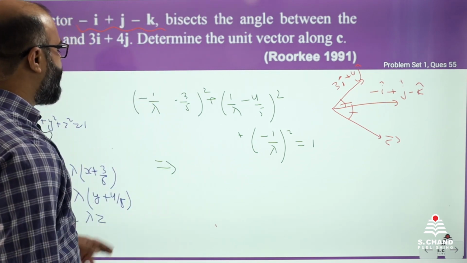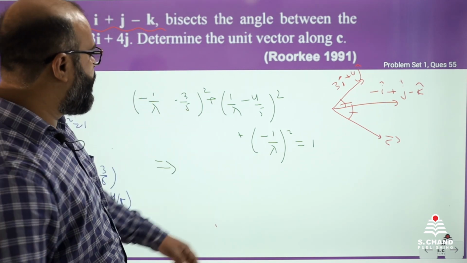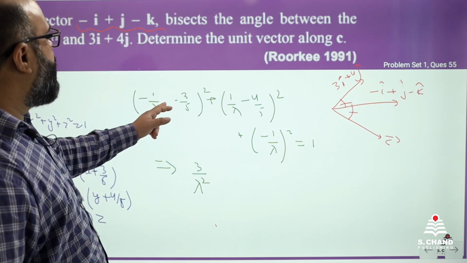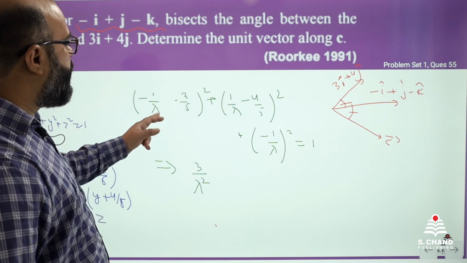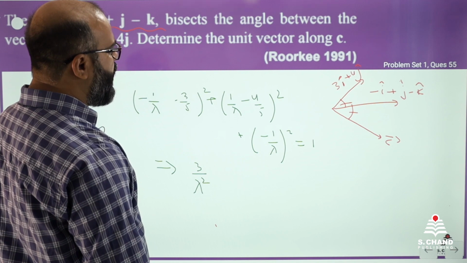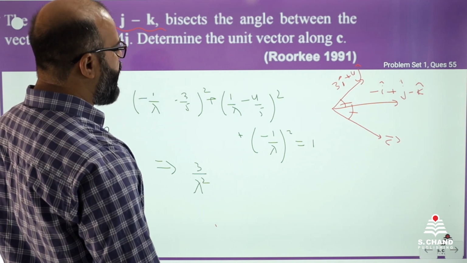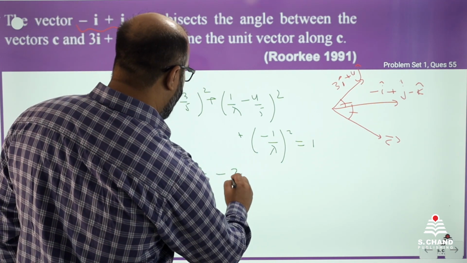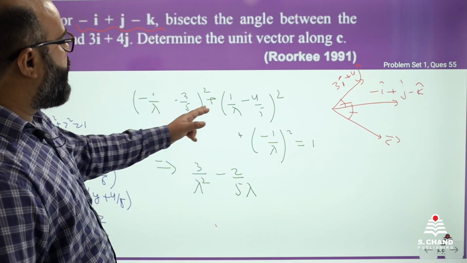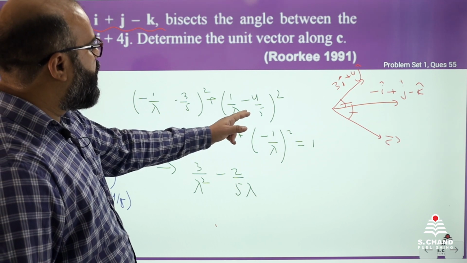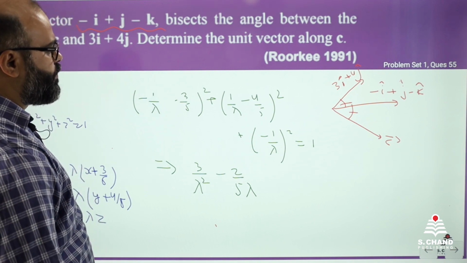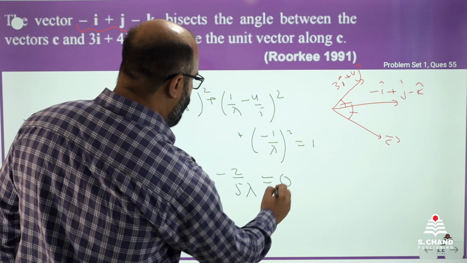When we expand them, we get 1 by lambda square, 1 by lambda square, 1 by lambda square, that will be 3 by lambda square. Then we have here 6 by 5 lambda from here. From here we will get minus 8 by 5 lambda, so that will be minus 2 by 5 lambda, right? And then we have the constants 9 by 25 plus 16 by 25, so that will be 25 by 25, that will be 1. And that is equal to 1, so it will be 0.